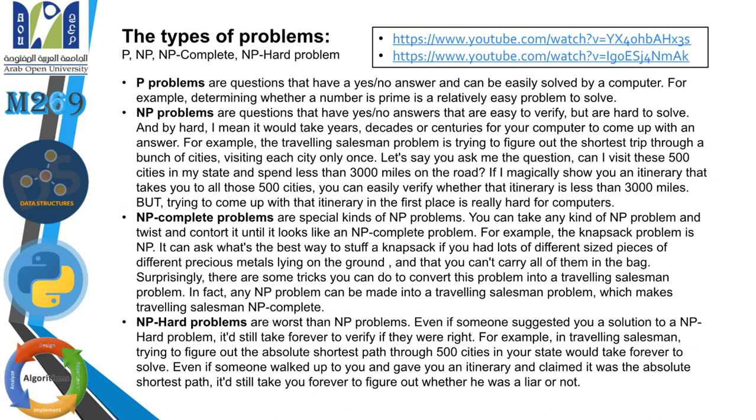So we have 4 types of problems in mathematics. We call them types of problems. So we have P problems, NP problems, non-polynomial type problems, and we have NP-complete and NP-hard problems.